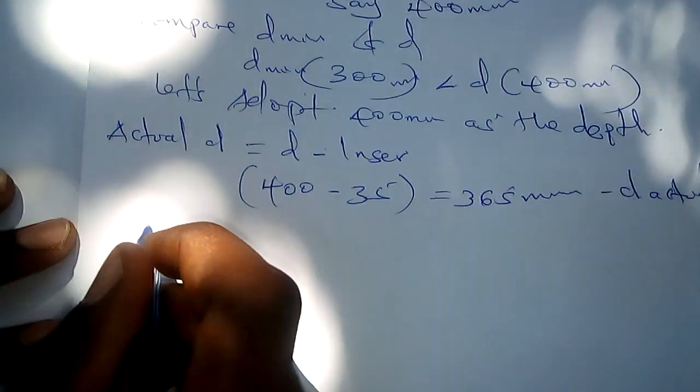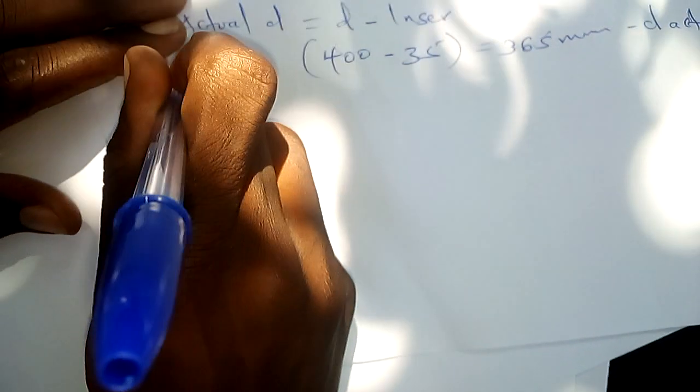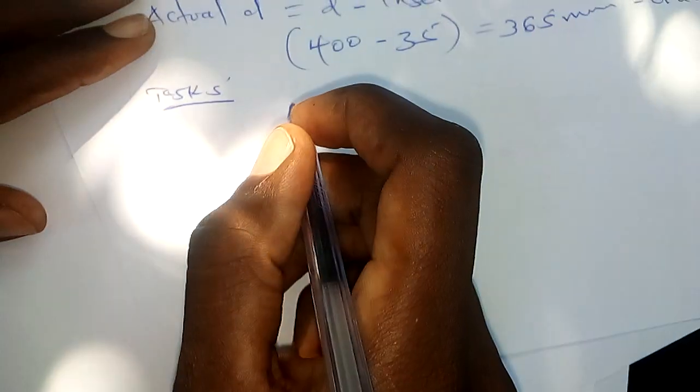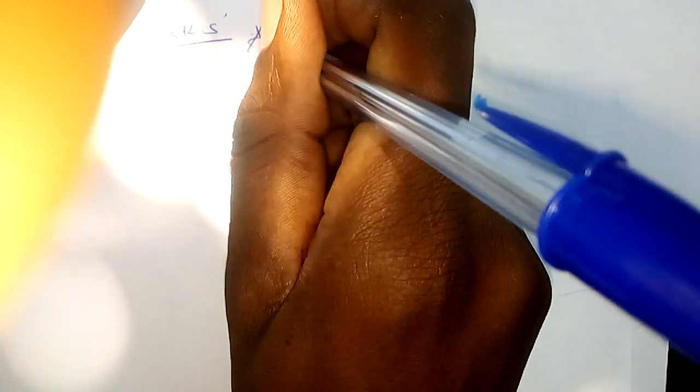Let us now move to task number 5. We have AST, area of steel reinforcement.